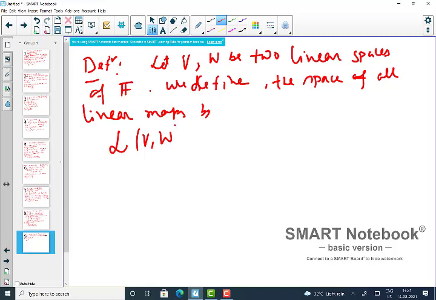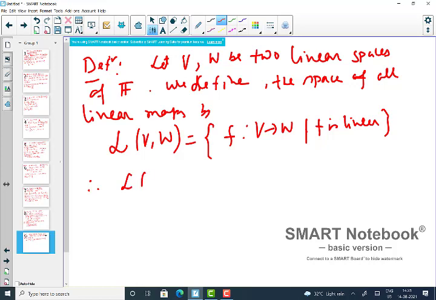So what is L(V,W)? L(V,W) is the collection of all maps T from V to W such that T is linear. And the previous observation says that L(V,W) is also a linear space with respect to which operations?